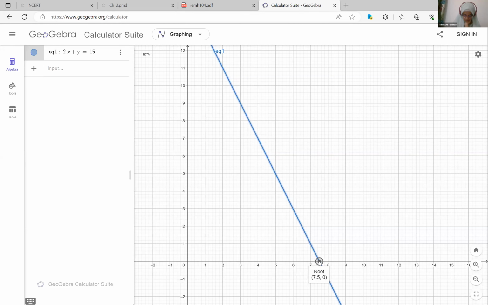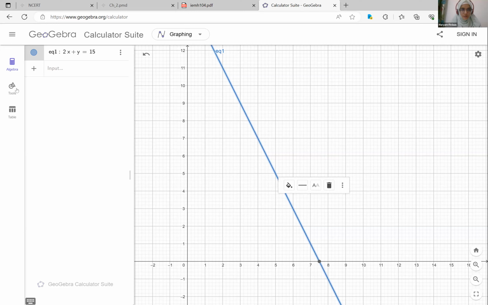So that means y is 5. So x is 5 and y is 5. Let's plot that point as well. 5 comma 5. Can you see that that point is right over here? So this is 5. Now we're moving in the y direction. 5, 5, 5 is right over here. Can you see this point as well?